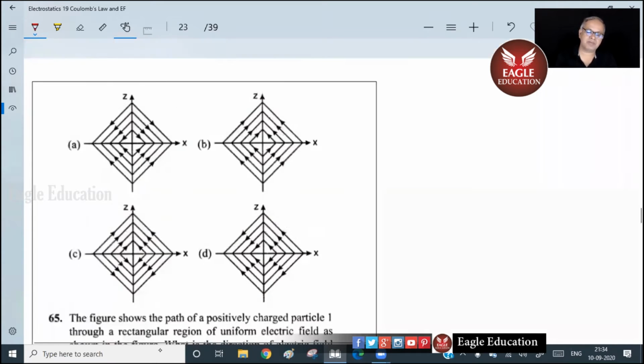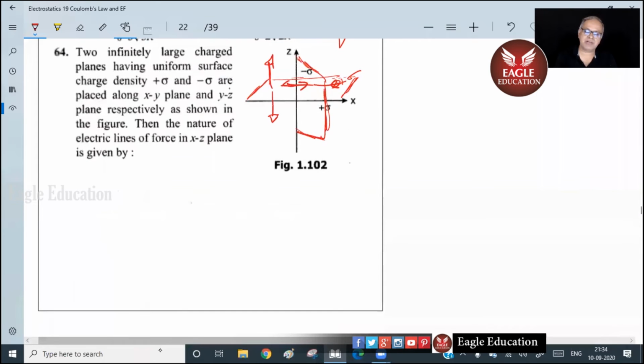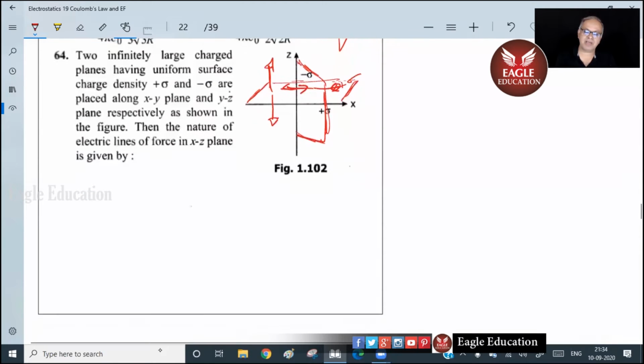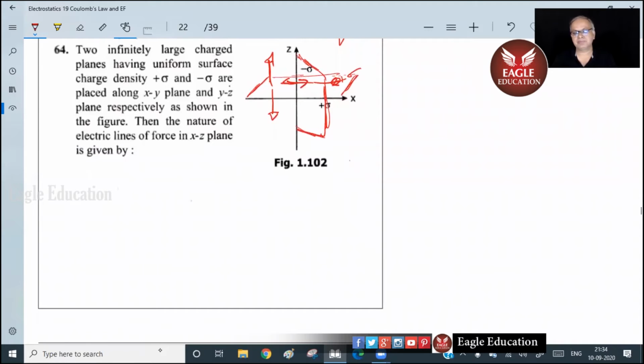He's shown the XZ plane. Right? In the XZ plane, how are the field lines? Is he correct? The way he tried it here is correct. But the answer is not correct.